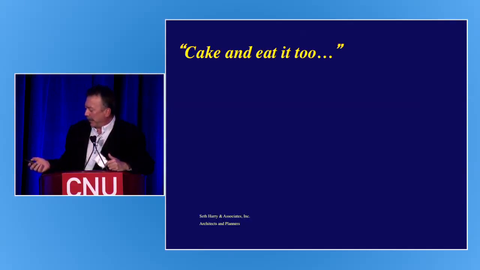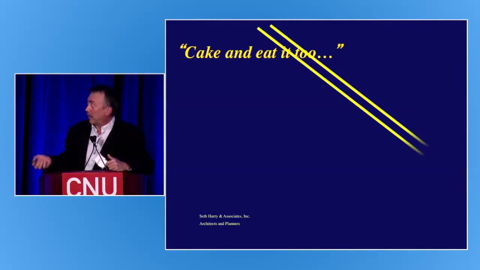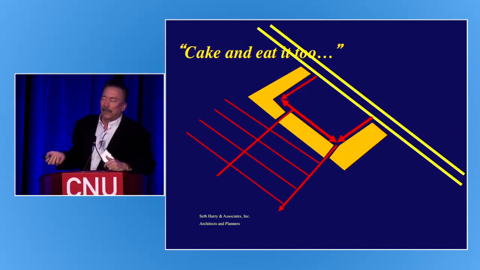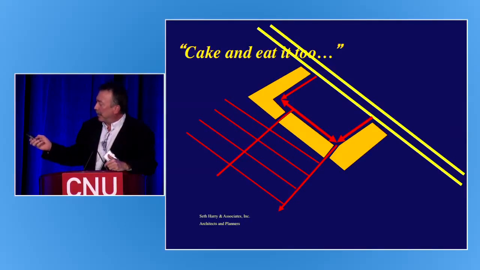And this is what I like to call, or I have been calling, the cake and eat it too model, which is a pretty classic scenario where this was outside of Nashville, a large suburban arterial. The market was still kind of maturing at this point.